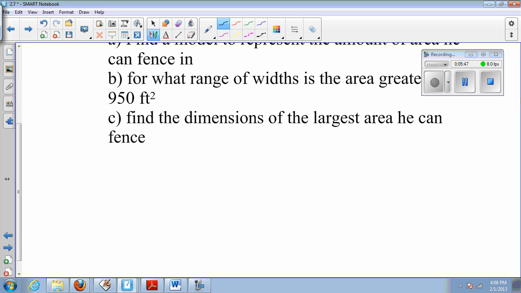So, for part A, find a model to represent the amount of area he can fence in. We're going to assume it's going to be rectangular.